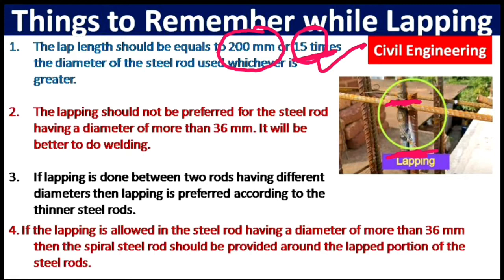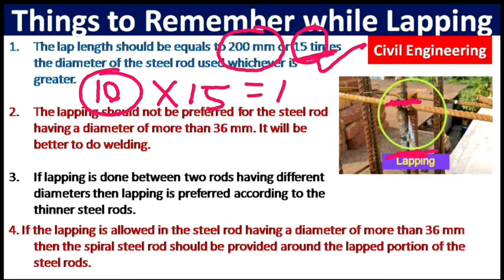For example, if we have used 10 mm diameter, then we multiply it by 15 and it will give us how much? 150 mm. Now we have to compare 200 mm and 150 mm, which one is greater? 200 mm is greater, so we have to use 200 mm as the lap length. We should not use 150 mm.